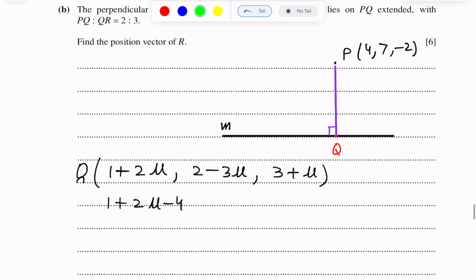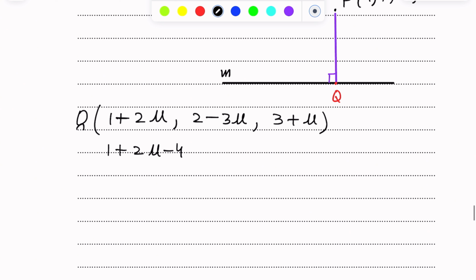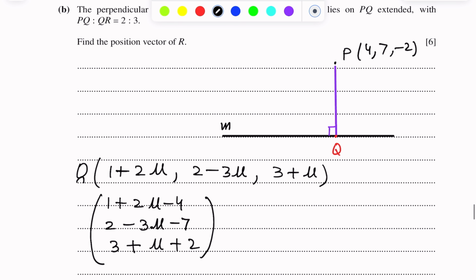Next y coordinate, 2 minus 3 mu minus 7. Next 3 plus mu plus 2.